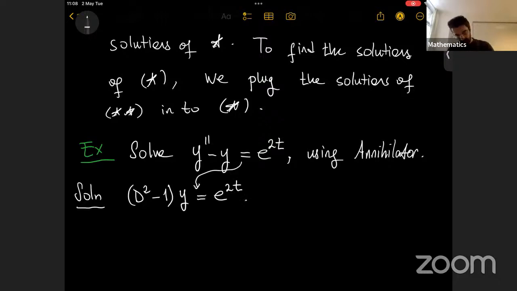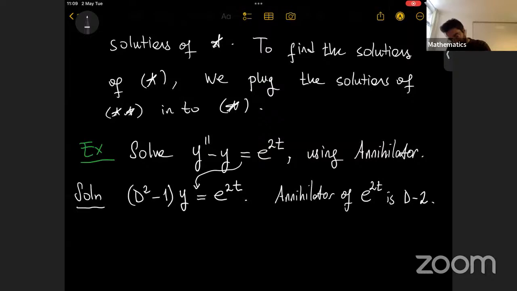They are the same, right? Instead of y double prime minus y, we use the differential operator, (D squared minus 1) y. They are the same. Then what is the annihilator of e to the 2t? The annihilator of e to the 2t is D minus 2.